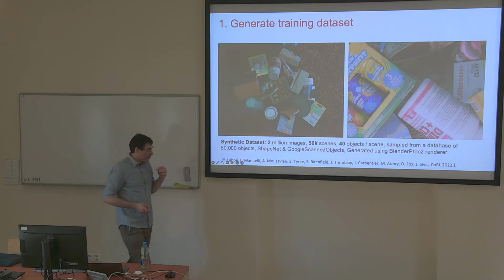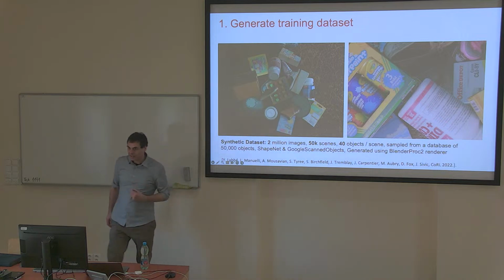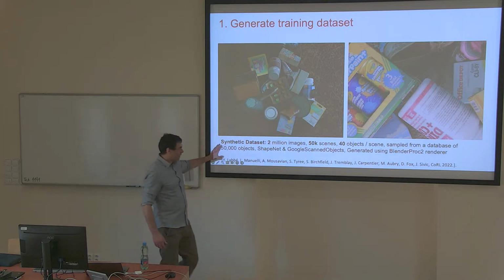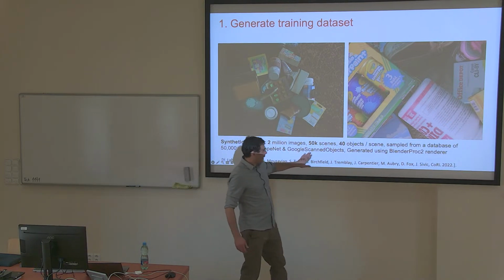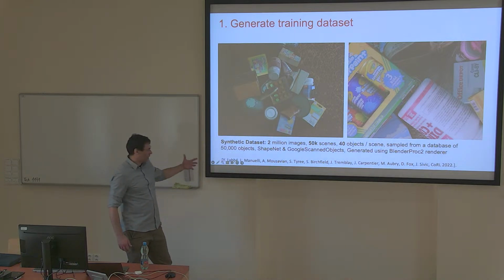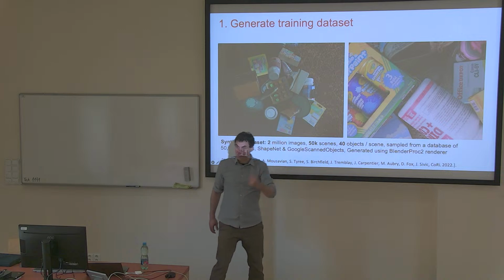It's a learning-based method, and it's powered by synthetic training data. What I'm showing here are not real images. These are synthetic images generated from databases of about 50,000 objects, like ShapeNet or Google Scanned Objects. These are scanned 3D models.